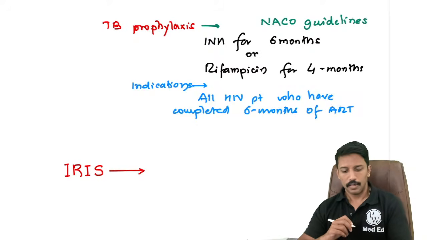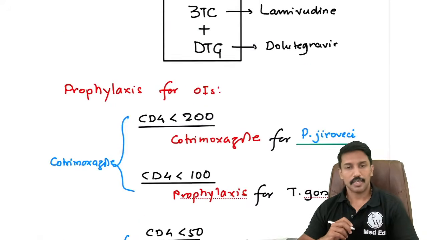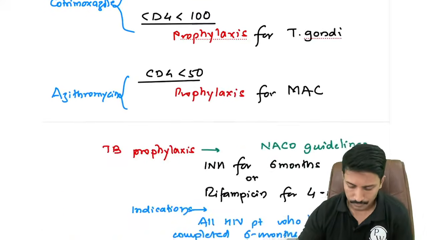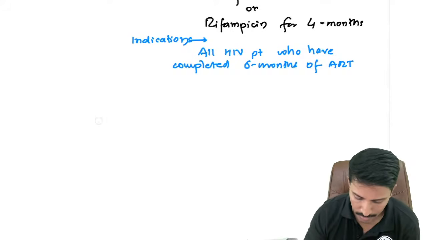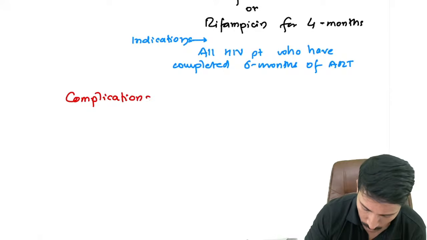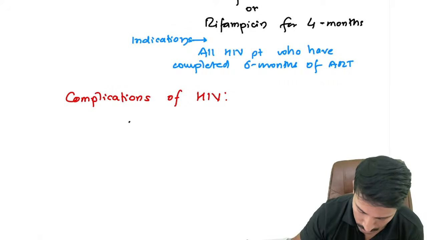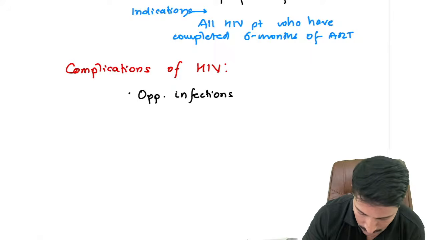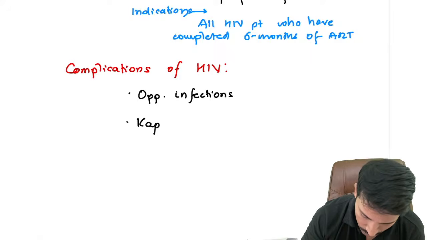Okay. Now, what complications can HIV lead to apart from opportunistic infections? Complications of HIV. So we have just discussed that HIV is associated with opportunistic infections. Beyond that, HIV increases the risk of Kaposi's sarcoma.